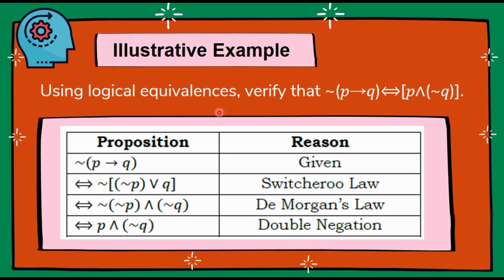All of those identities are already proven to be logically equivalent. If you want to prove it, we can also use our truth table and it will yield the same truth value, whether it is a tautology or a fallacy.